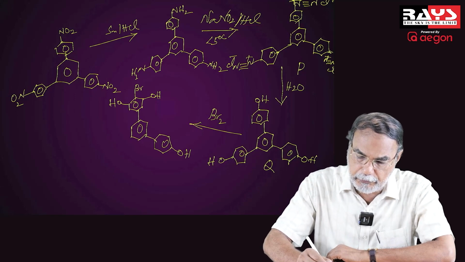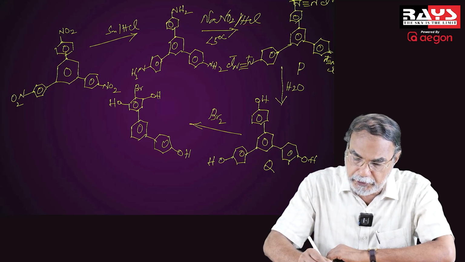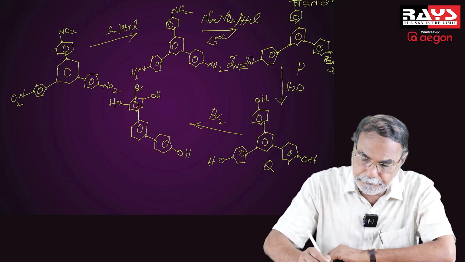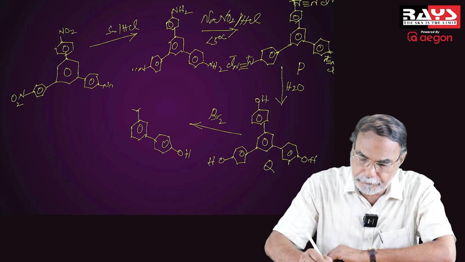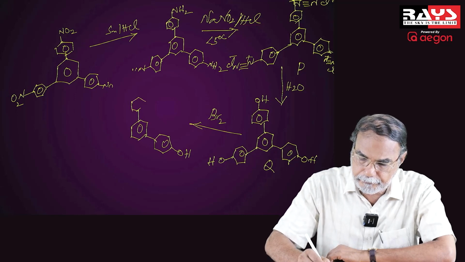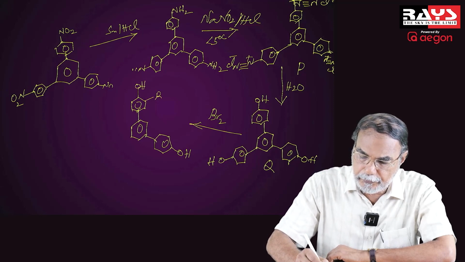Here you have an OH group, an OH group here, an OH group here, there's an OH group here, and you have a bromine atom here.